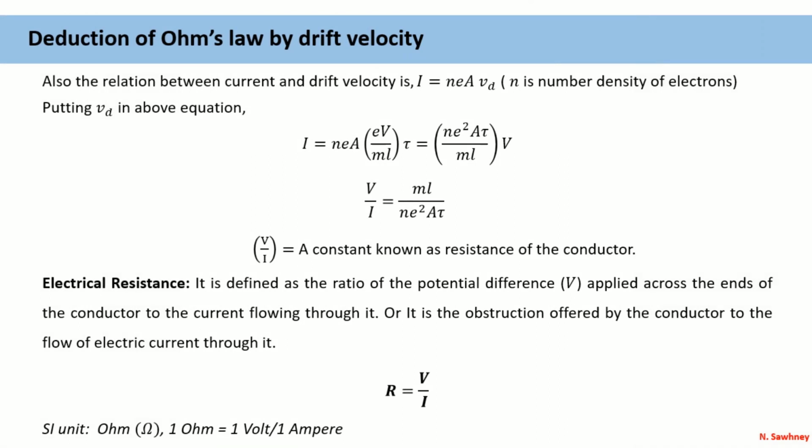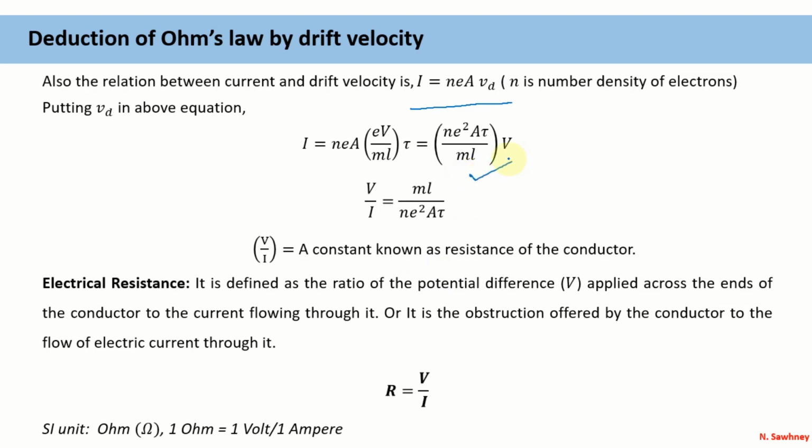Also, the relationship between current and drift velocity is expressed as I is equal to neAVd, where n is the number density of electrons, Vd is the drift velocity, A is the area, and e is the charge of an electron. Putting down the value of drift velocity from above in this current relationship, we get this equation.